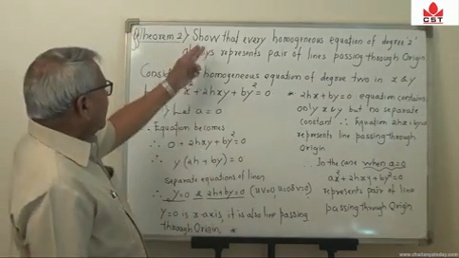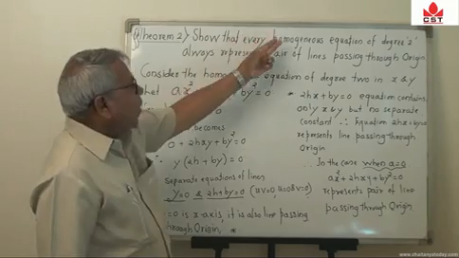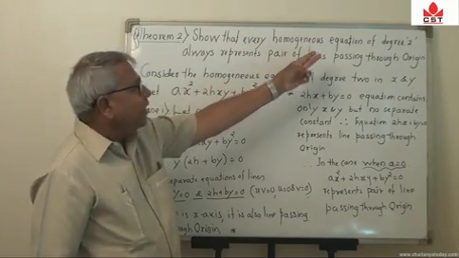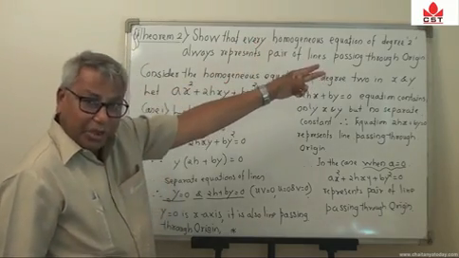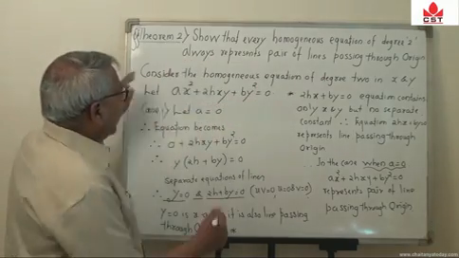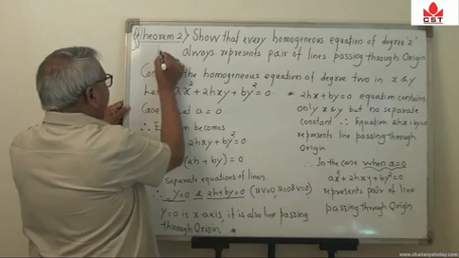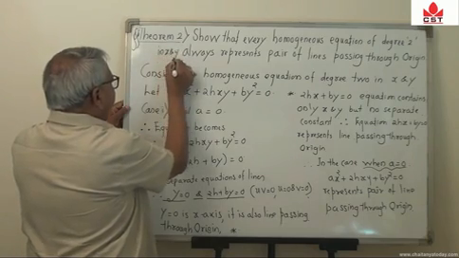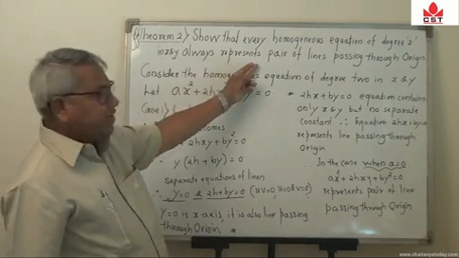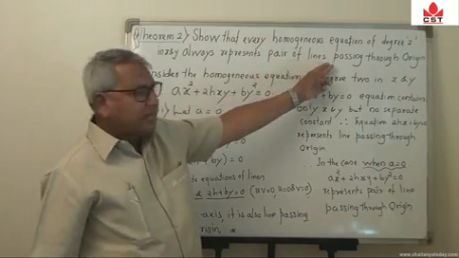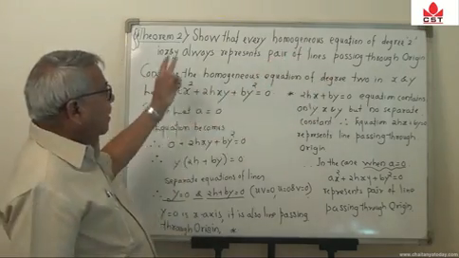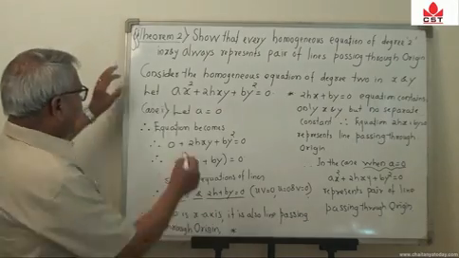Listen here now. Show that every homogeneous equation of degree 2 in x and y always represents a pair of lines passing through origin. That means a homogeneous equation is given to you.